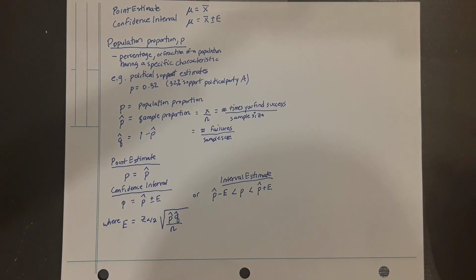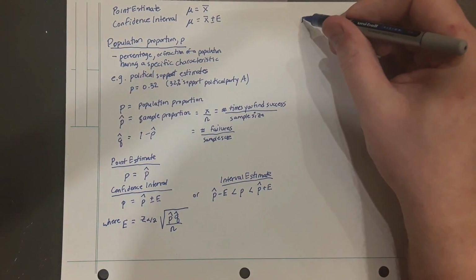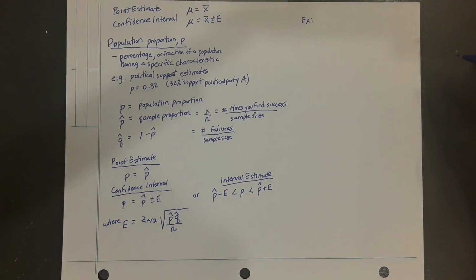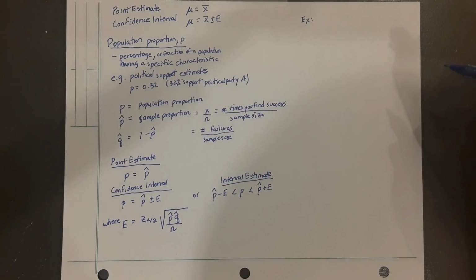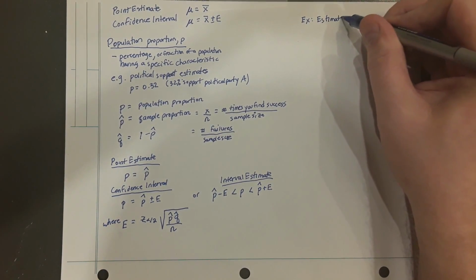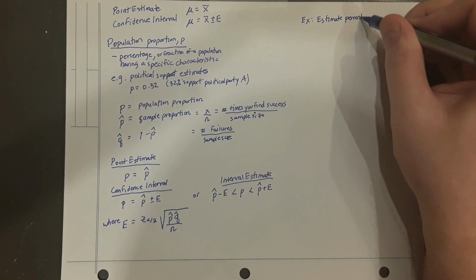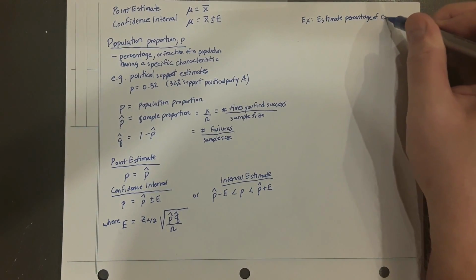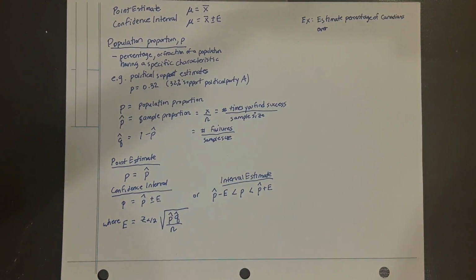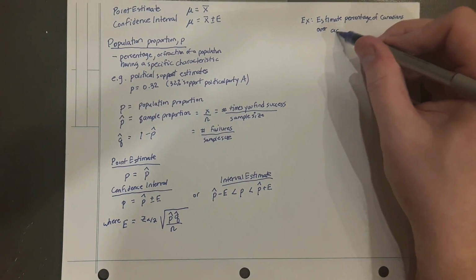So to do an example of this, let's say we wanted to estimate the percentage of Canadians that are over age 25.